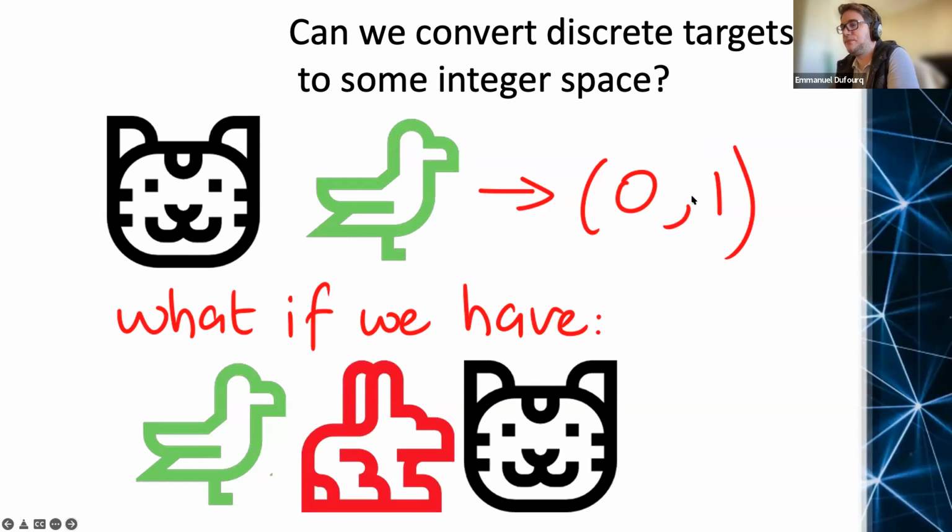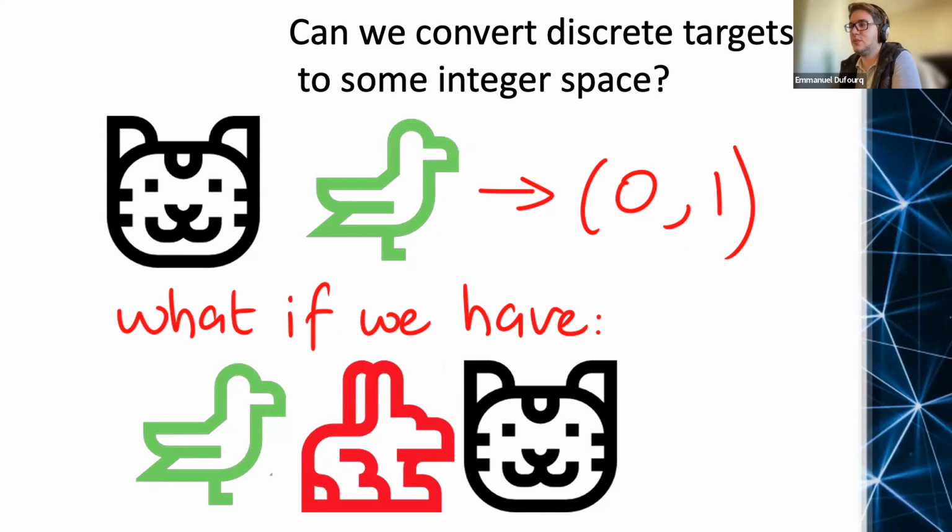That's easy. But what if we have multiple classes? What do we do then? Do we just have 0, 1, 2? And that becomes a little bit of a problem, because we don't want the model to think that the numbers have numerical meaning.